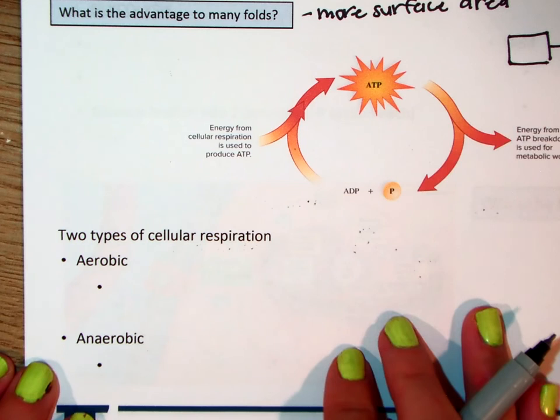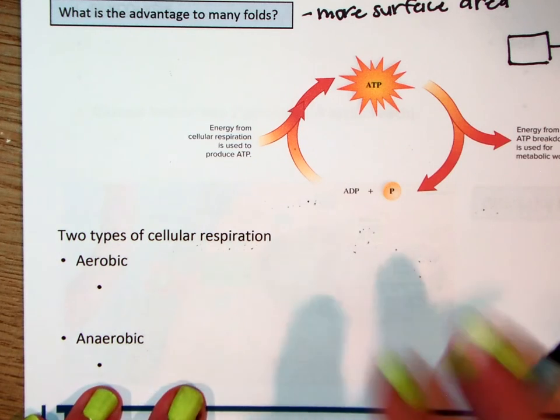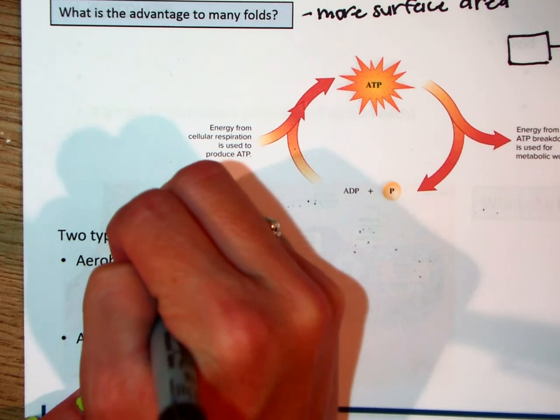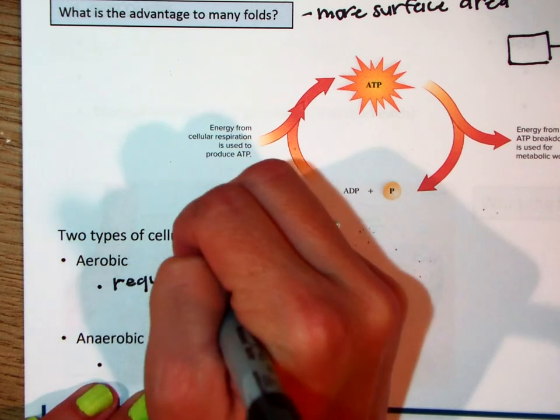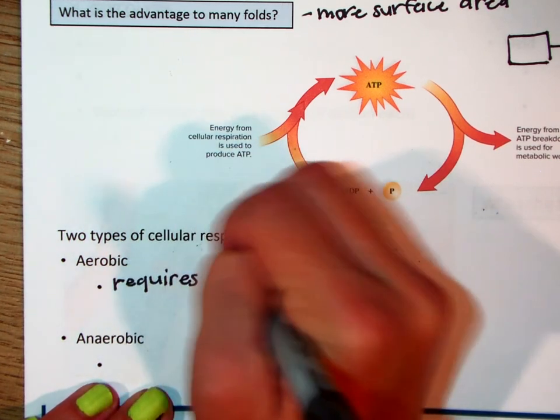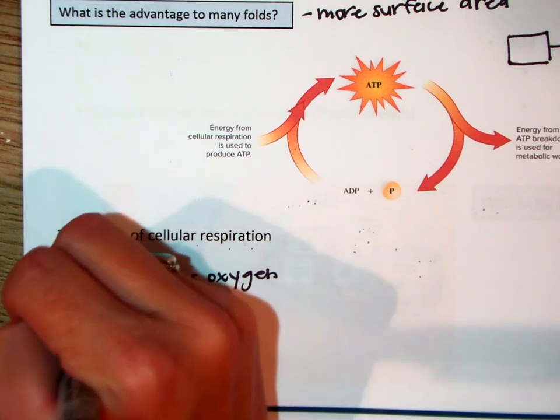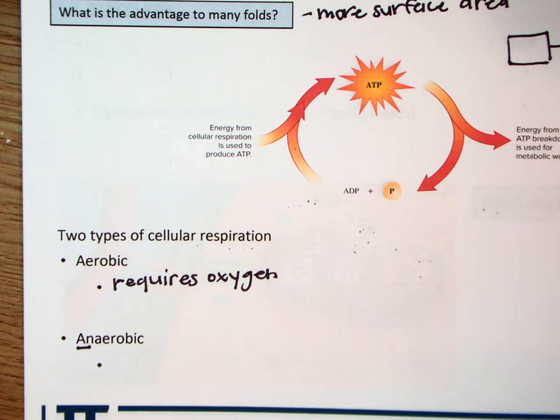There are 2 types of cellular respiration. There's aerobic, which requires oxygen, and anaerobic, and anytime you see AN in front of something, that usually means without.